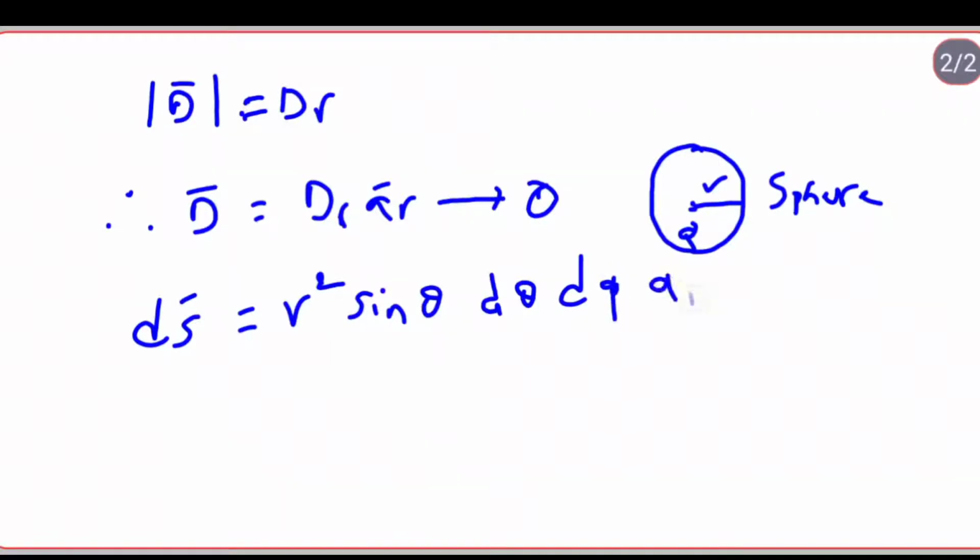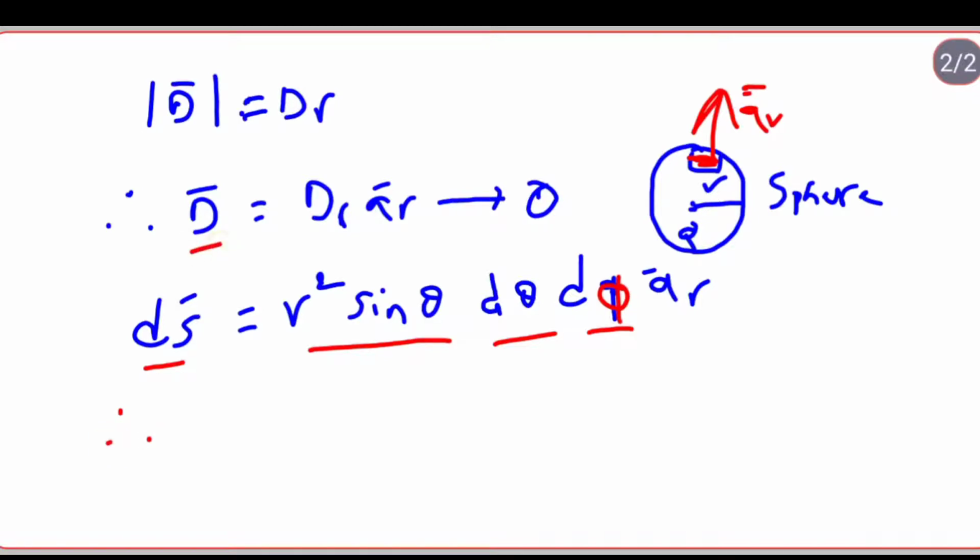For a differential surface, the normal vector is at right angles to the surface. Therefore D dot dS can be found; first we assume D bar is the vector Dr ar. That is the first step.